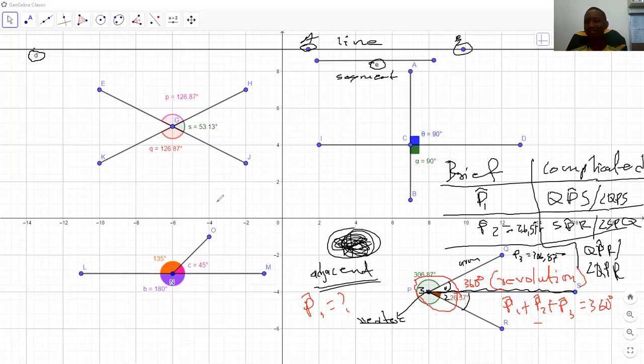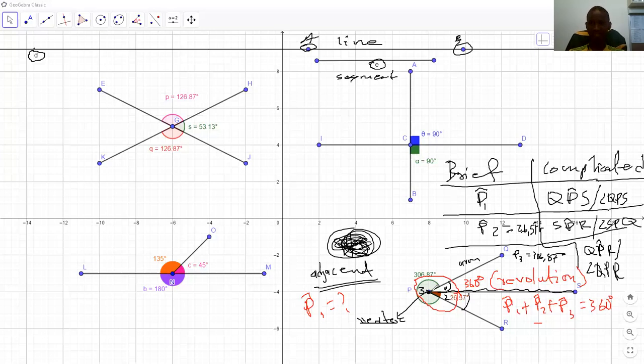That's the very simple way in which you can find an unknown angle when you have got angles around a point. And by the way, that's another thing. We say angle P1, P2, and P3 are angles around a point. Of course, we will say that if we do not want to say revolution. So again, you can always choose whether you want to be complicated or you want to be brief.